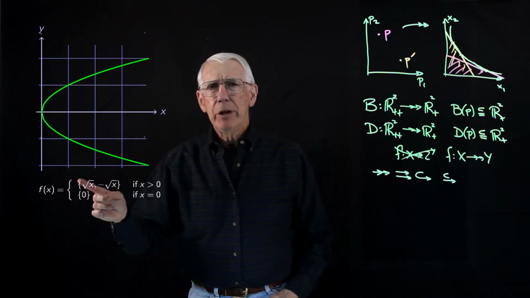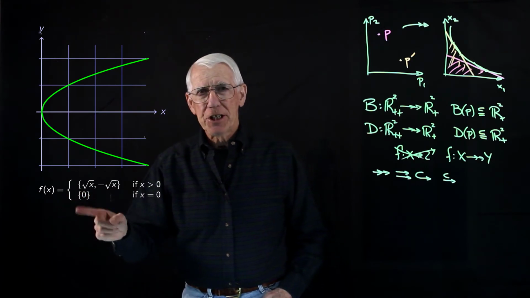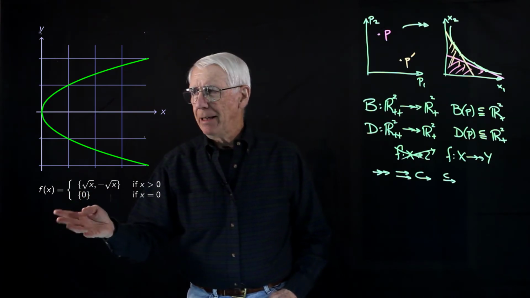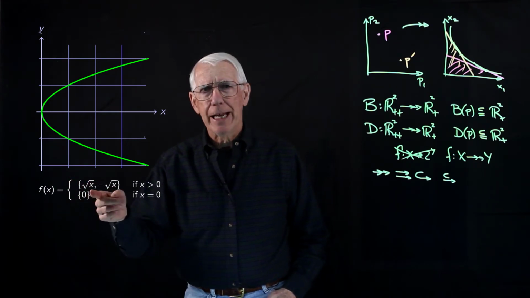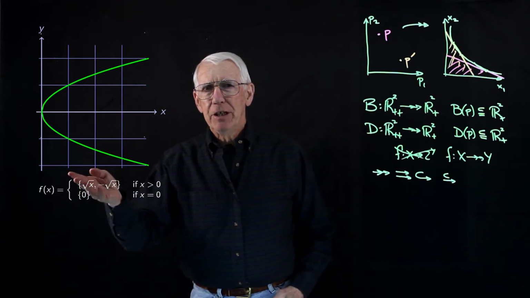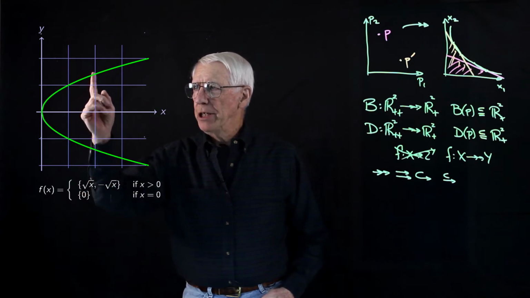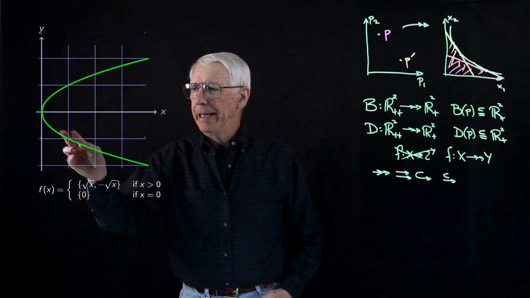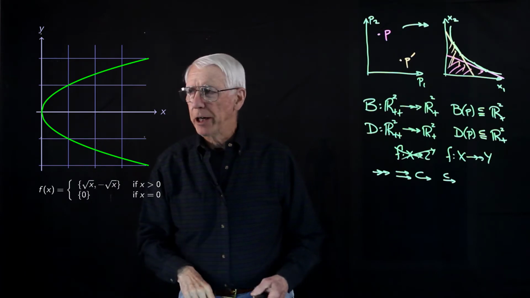For every x, f of x is a set. It's either a singleton set, the set consisting of just the origin, or it's a two-point set consisting of both the positive and the negative square root of x, and that's what we see in the diagram here, where for any given x, we have both the positive and the negative square root.